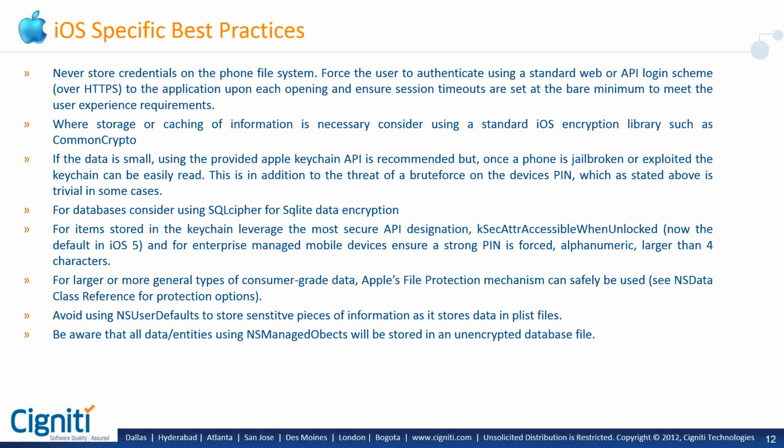Typically, the devices are now able to enforce a strong PIN, not the four-character one, but also multi-character, alphanumeric, which would allow for more secure authentication. And Apple's file protection mechanism should also be used, so that it helps us out.